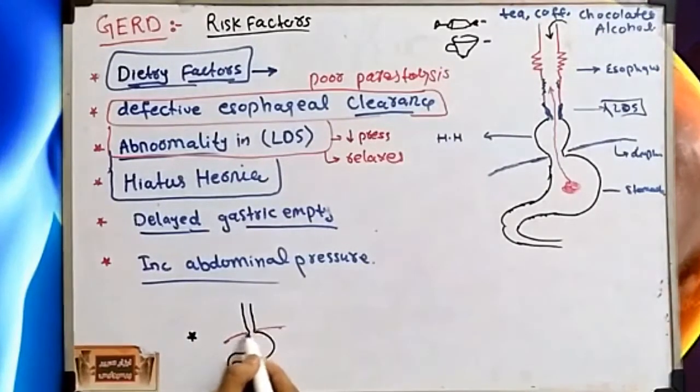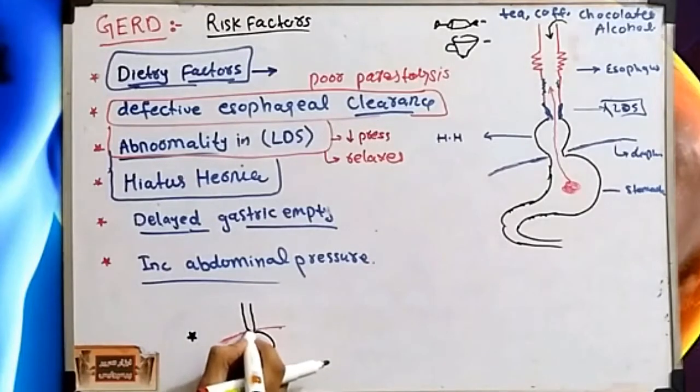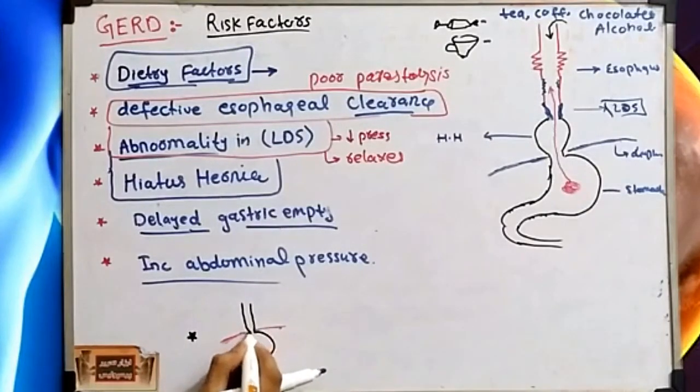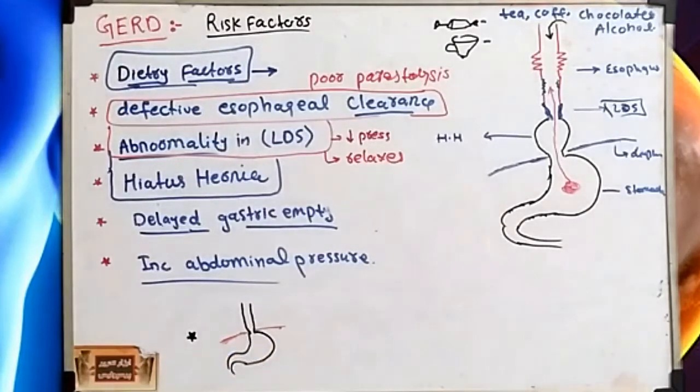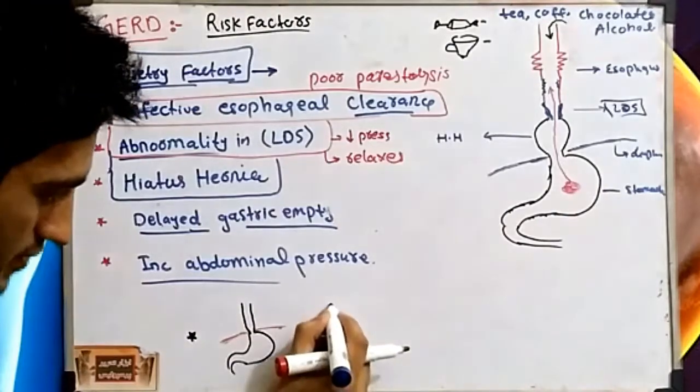This red color is the diaphragm, and this is the normal structure: esophagus, lower esophageal sphincter and stomach. Sometimes, in hiatus hernia, what happens?